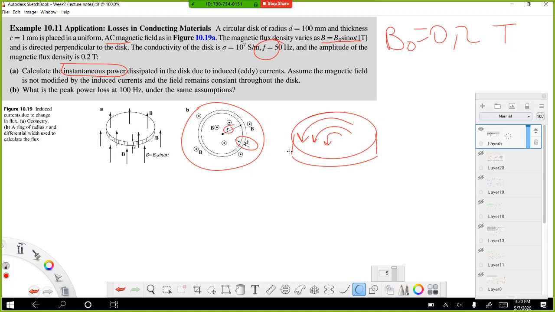And let's first calculate the flux going through this ring of radius r.